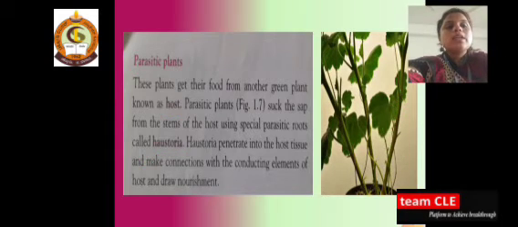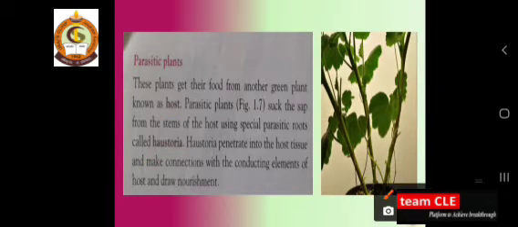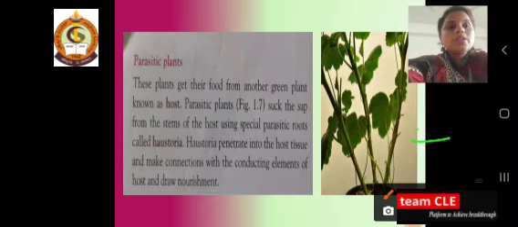Once again I am showing it. Just observe this movement, how this stem is sapping from the stem of the host using the special parasitic roots. These are the special parasitic roots which climb onto another green plant for taking food.